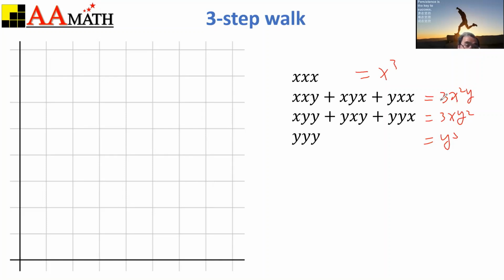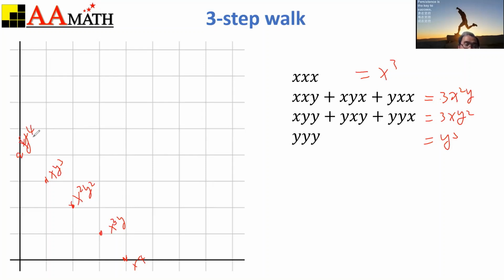Okay. So if you continue, what about 4 steps? For 4 steps, this is going to be x to the power 4. This is going to be x cubed y. This is going to be x squared y squared. This is going to be x y cubed. This is going to be y to the 4th.